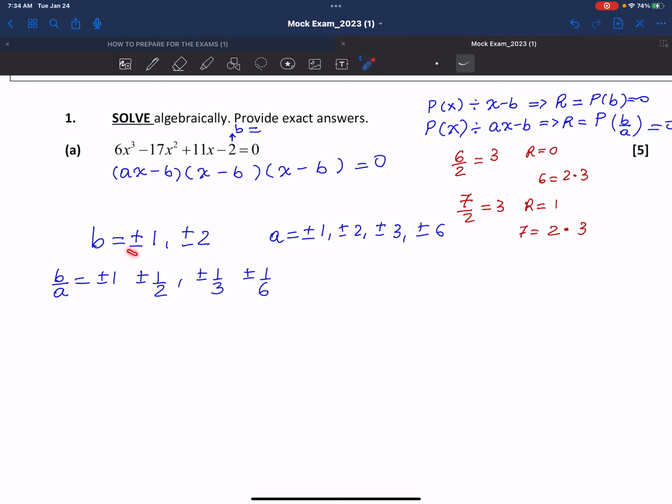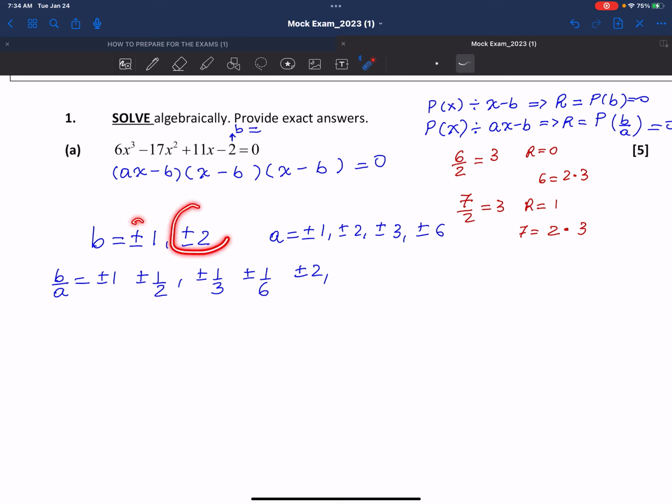Now that I've exhausted all the possible combinations of b with the possible a values, I am going to use the next factor of b. Plus minus 2 divided by plus minus 1 is plus minus 2. Plus minus 2 divided by plus minus 2 is plus minus 1, but we've already listed plus minus 1, so we don't have to list it twice.